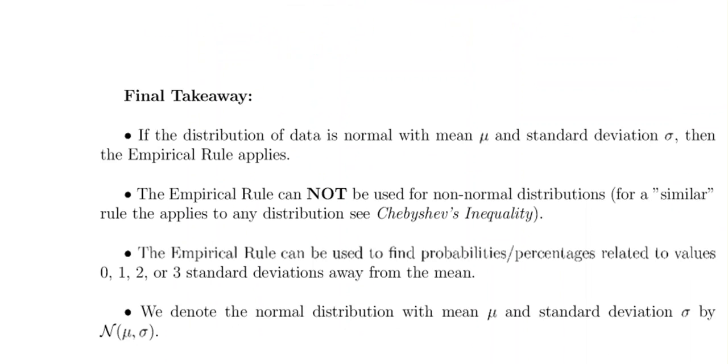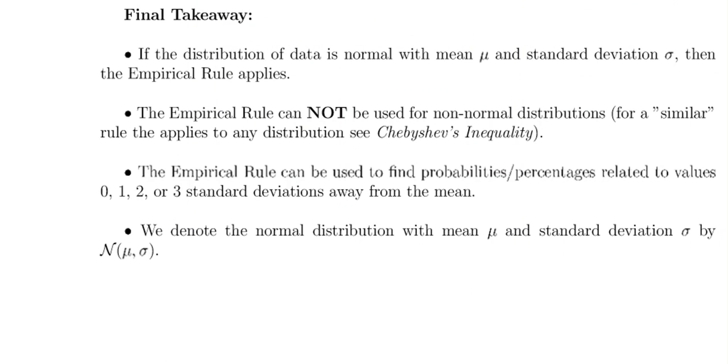So the big takeaways we want: the description of data is normal with mean mu and standard deviation sigma. Then we can apply this empirical rule. This empirical rule is only for these normal distributions. You cannot use it for non-normal distributions. If you want to find something that gets you a little more mileage in terms of what distributions you can apply it to, look up Chebyshev's inequality.